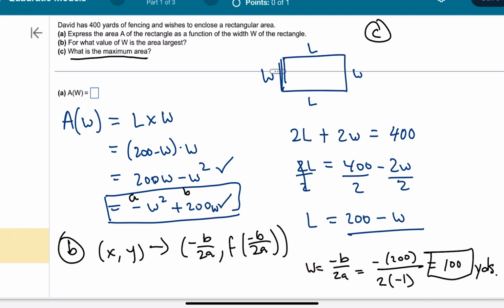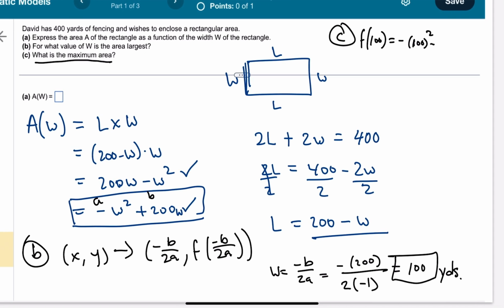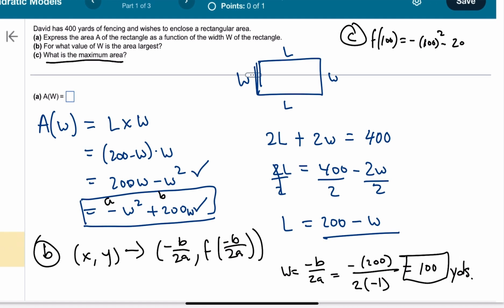So what you're really asked to find is f of 100, which is equal to negative 100 squared plus 200 times W. Well, 200 times W, but W is 100. All right, so if we do the math correctly, we're left with negative 10,000.